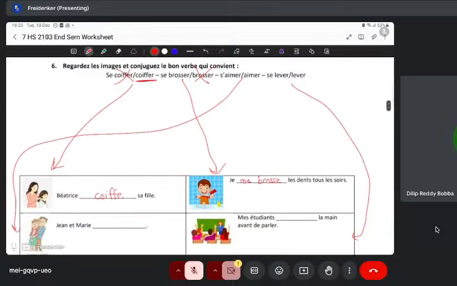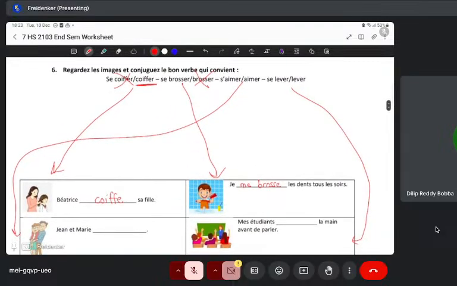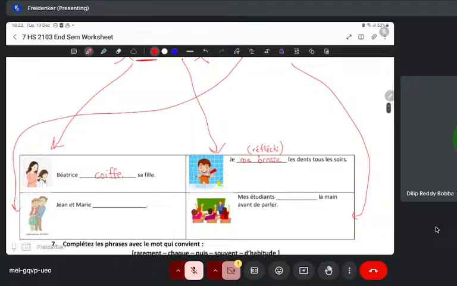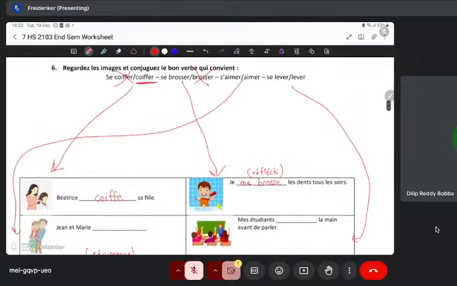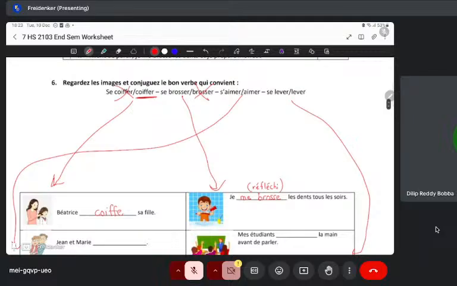Fine. Third thing. So this is the réfléchi part because you're brushing your own teeth. Here you have your réciproque. Réciproque. Because John loves Mary, Mary loves John. He's not telling he loves himself or something.